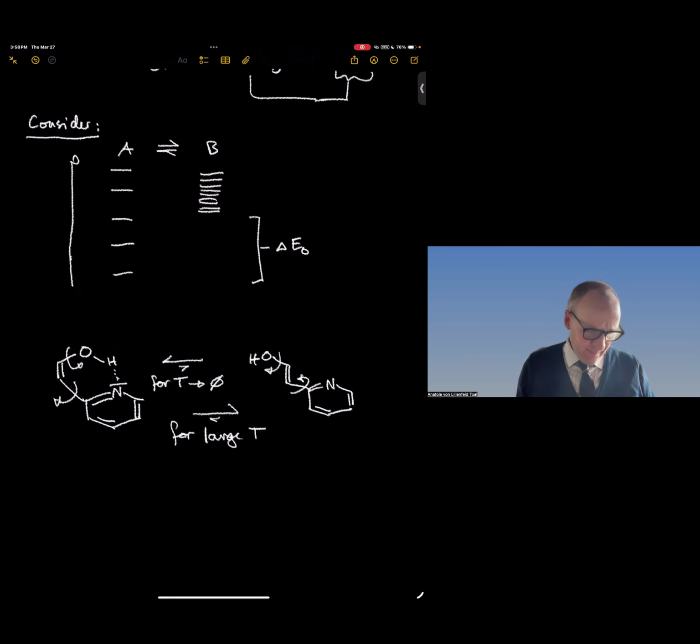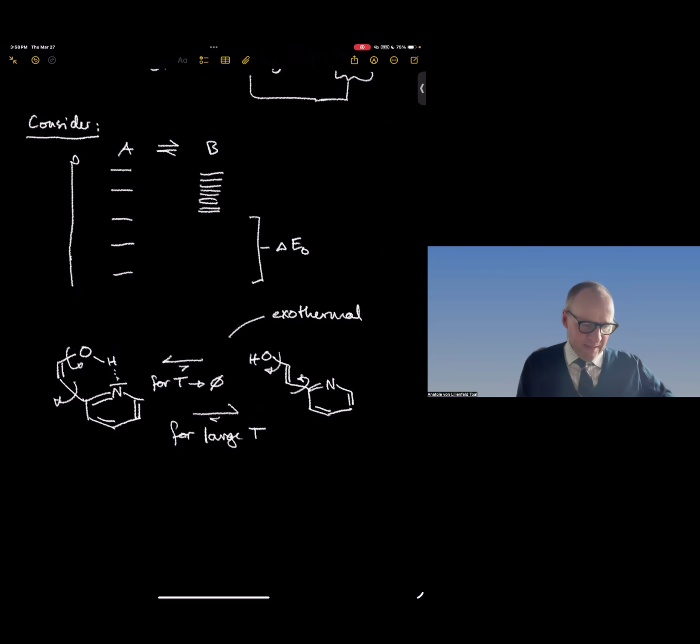Now, the first case is something we would call an exothermal change, right? You're freeing this delta E0, which is basically a gain.